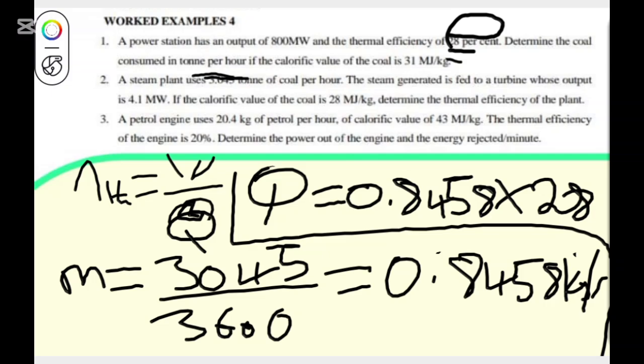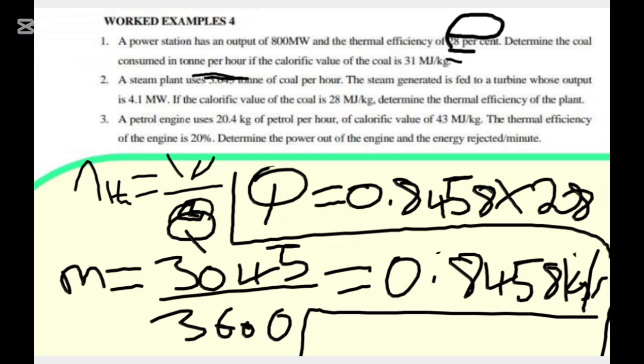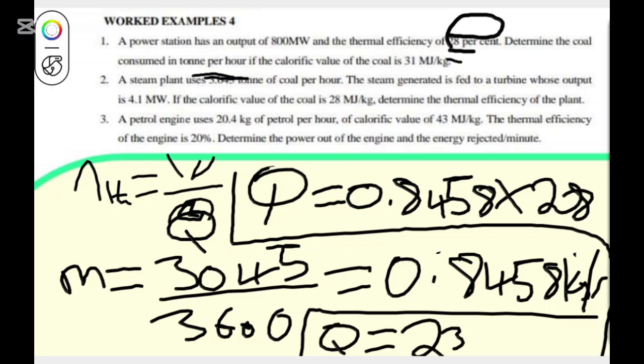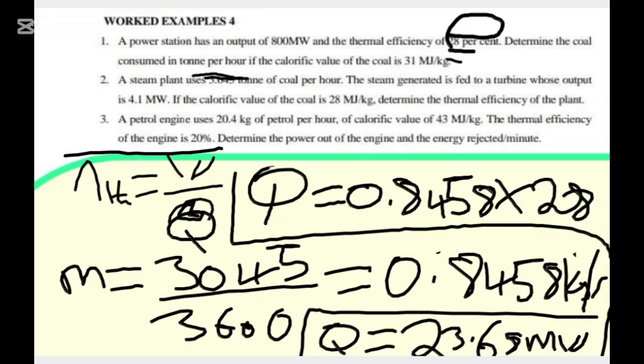So at the end, Q should now be equal to 23.68 megawatts. The next thing is the efficiency. As you can see, I can't find the value of the efficiency unless I find the value of Q.